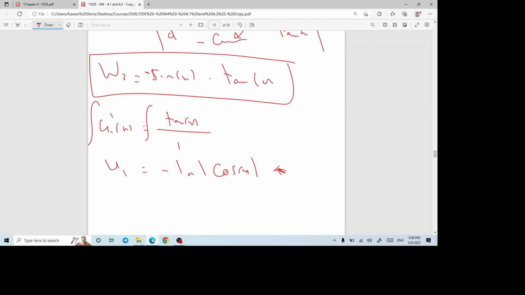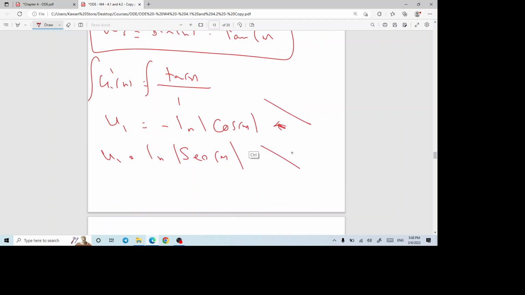Also, you can write ln of secant. You can also write like that, up to you. You can write u1 equal to ln of secant. Feel free with both of them. Why? Because tan equals sine over cosine, and the derivative of cosine is minus, that's why we put the minus. You have both, both true. Correct. Understood? Good. That's the first.